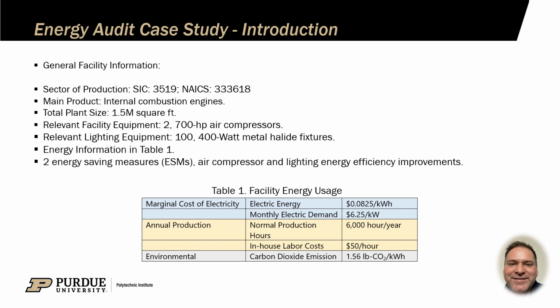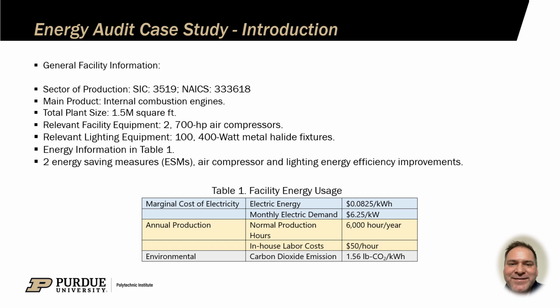The main product of this enterprise is internal combustion engines, and total plant size is 1.5 million square feet. Relevant facility equipment includes two 700 horsepower air compressors and lighting equipment comprised of 100 400 watt metal halide fixtures.